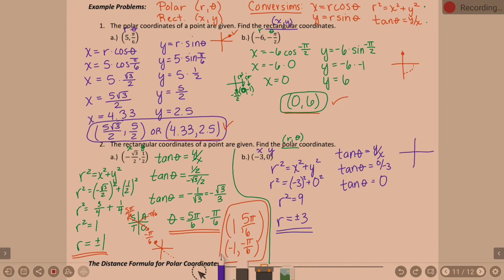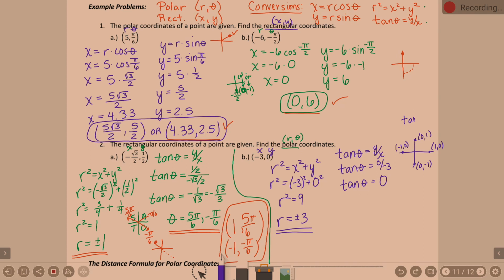So if we think about this, here we have 1 comma 0. Here we have 0 comma 1. Negative 1 comma 0. This is all in the unit circle. And 0 comma negative 1. Tangent, recall, is sine over cosine.